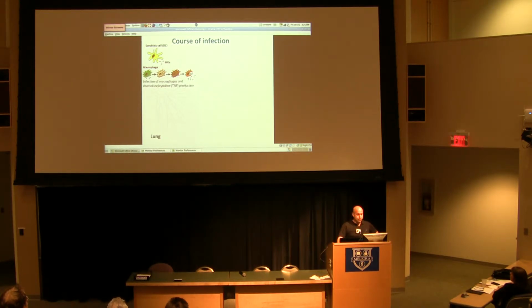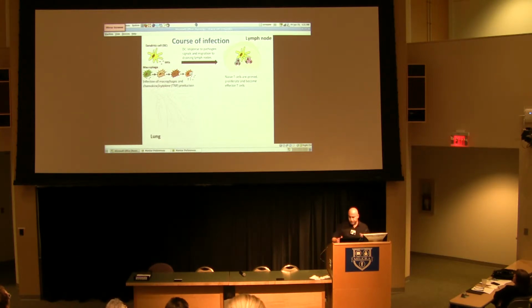They experience infection, while dendritic cells, upon infection, start to mature and express a different phenotype. They become migratory, and basically they migrate to the closest draining lymph node, where they co-localize in the T cell zone and prime naive CD4 and naive CD8.